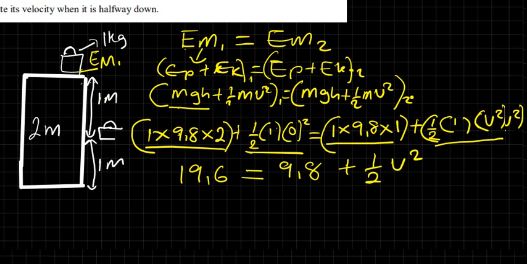So now I'm going to transpose this to the other side to subtract it, to get 9.8 equal to half v squared.